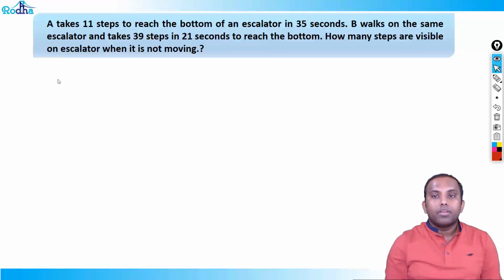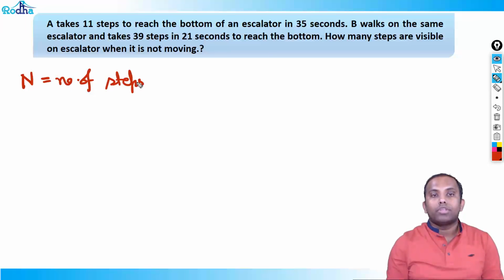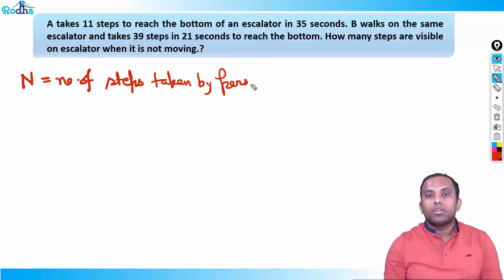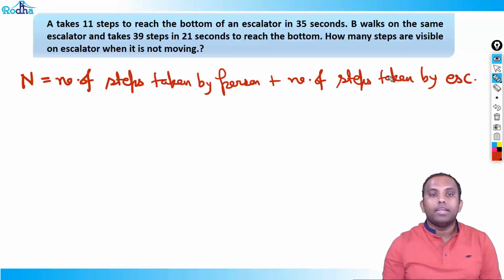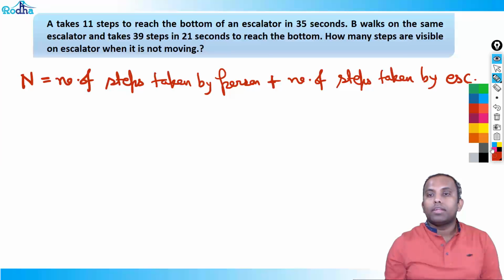Just remember this funda which we proved. What is N? N, the number of steps on the escalator when it is switched off, is the number of steps taken by the person plus the number of steps taken by the escalator.